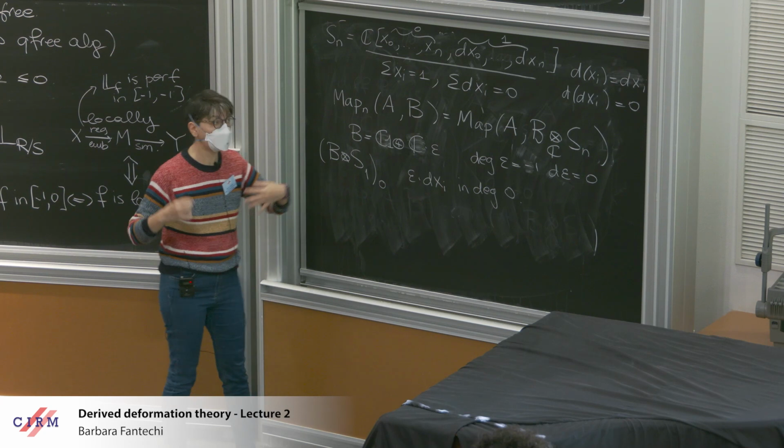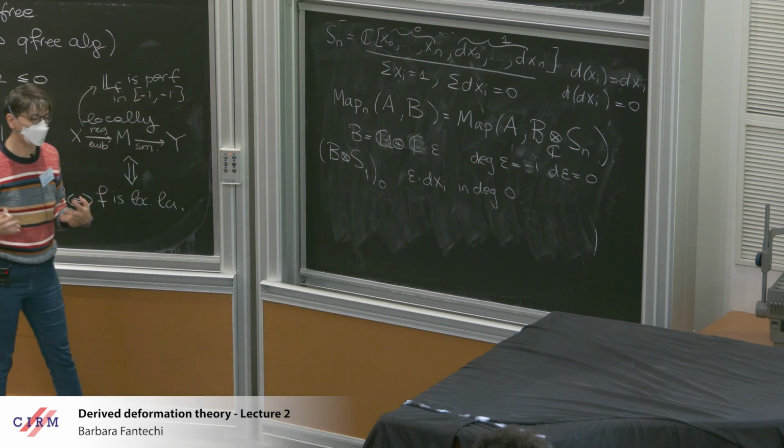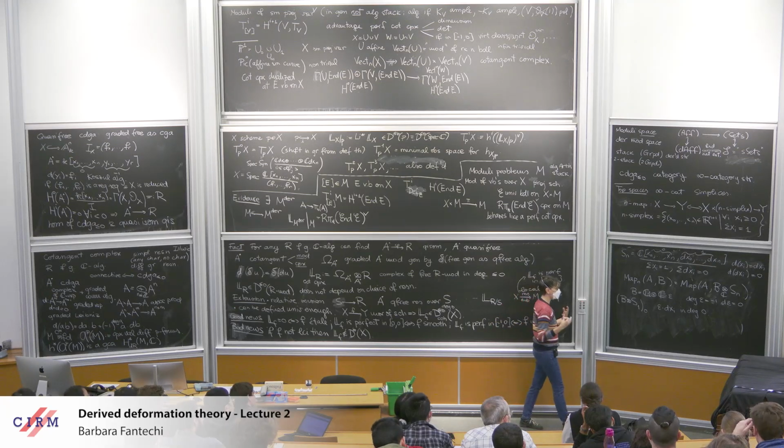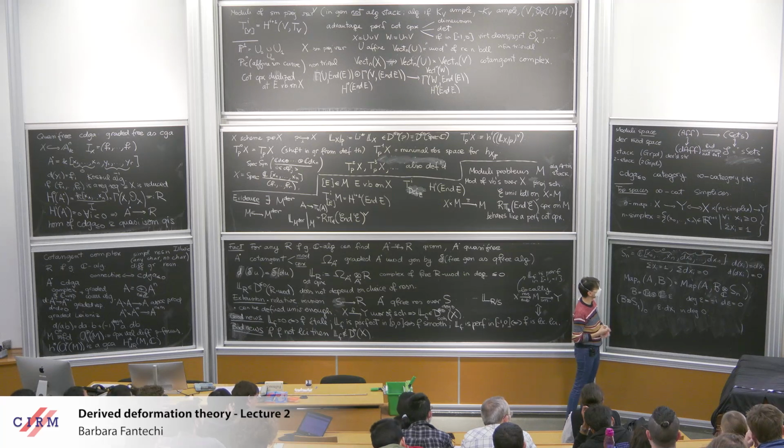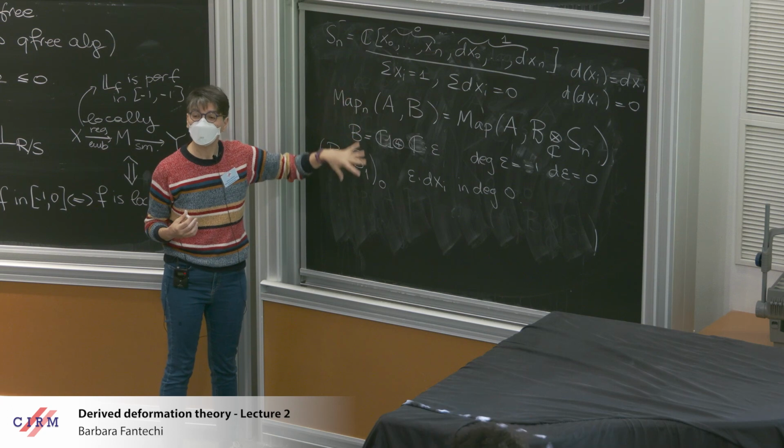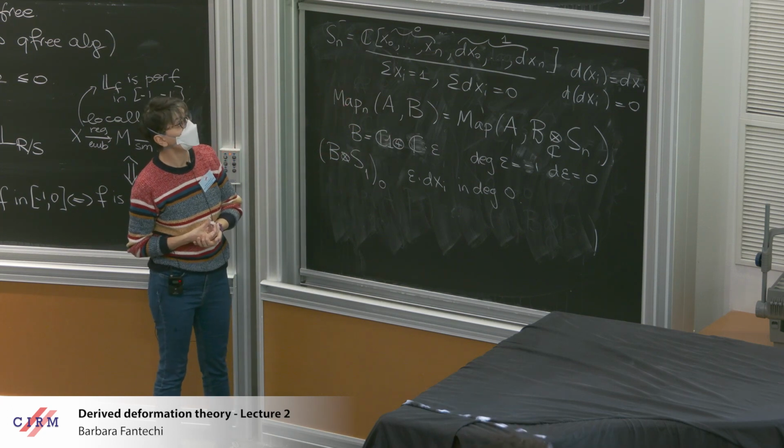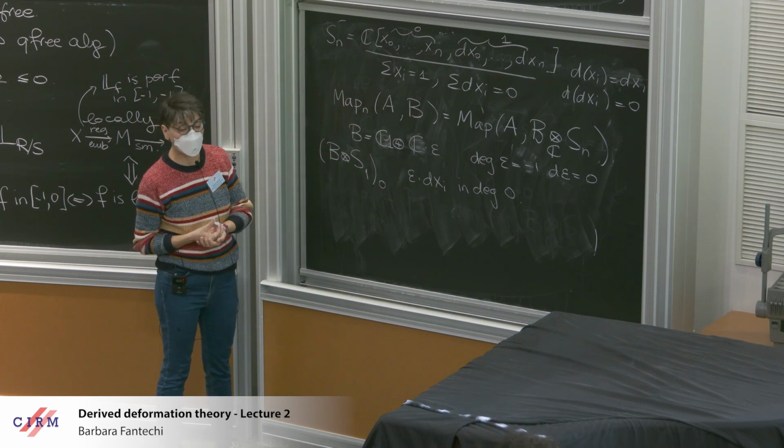So this is, as I said, in some sense much more confused and informal than what Mauro does. But on the other hand, I find it helpful because it gives me a geometric intuition of what is going on.